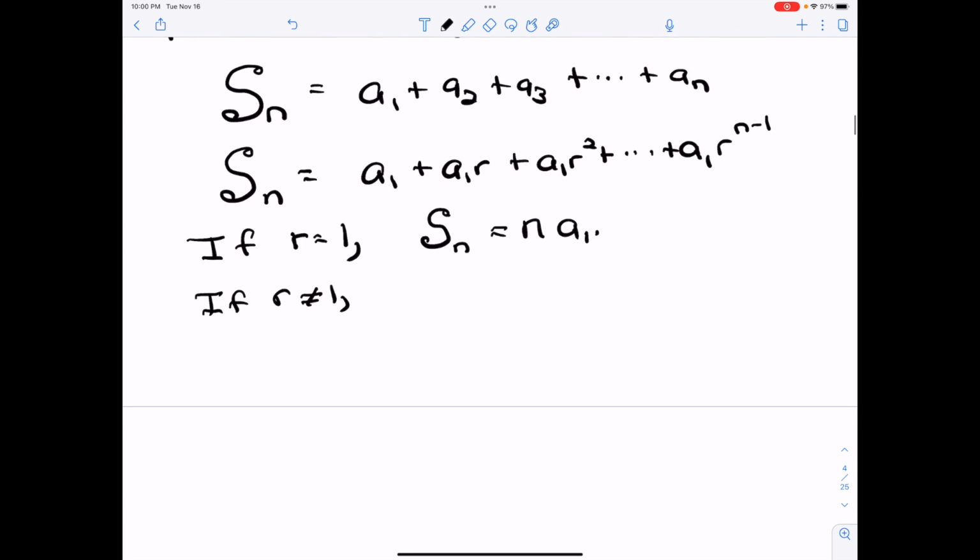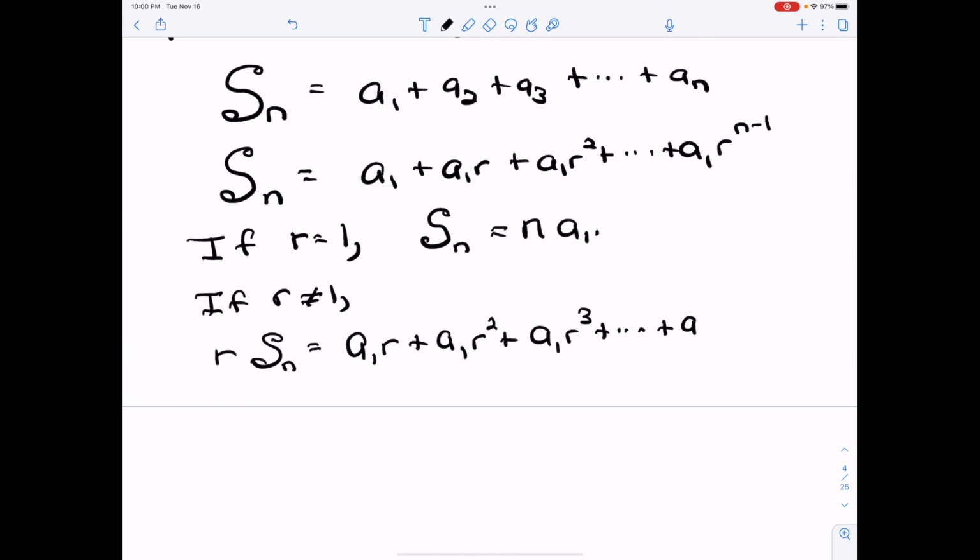Then we can multiply both sides of the equation by r, and we get r times s sub n equals a sub 1 r plus a sub 1 r squared plus a sub 1 r cubed all the way down the line to a sub 1 r to the n.